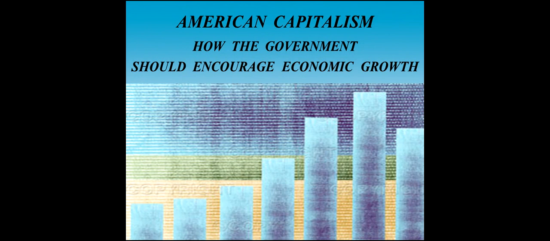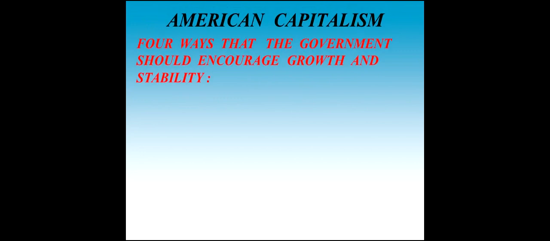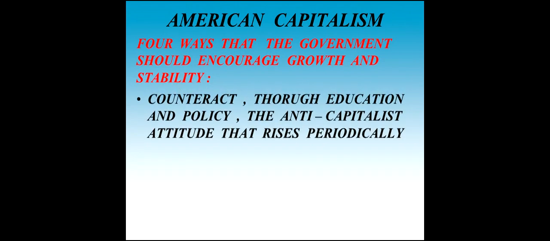As we wrap up Chapter 4 now, we're going to step back for a moment and look broadly at how the government should generally encourage economic growth in our society. There are generally 4 ways that the government should encourage growth and stability in our society. The first is by counteracting, through education and the right policies, the anti-capitalist attitude that rises periodically within our society.